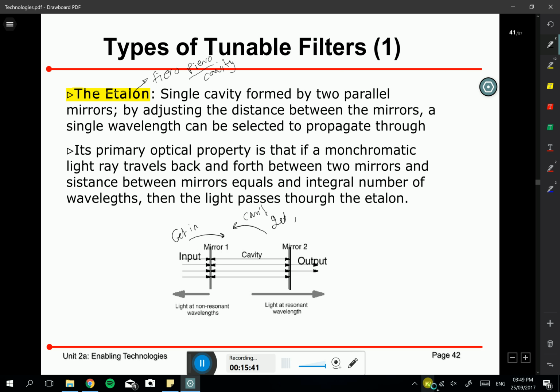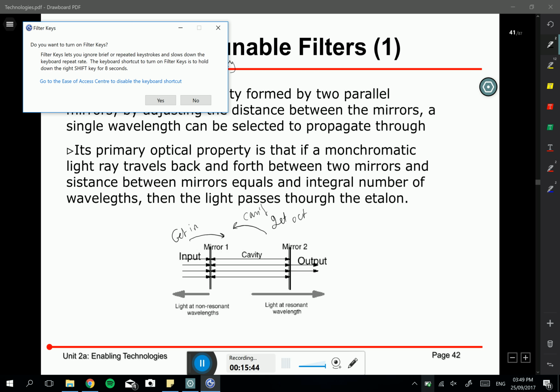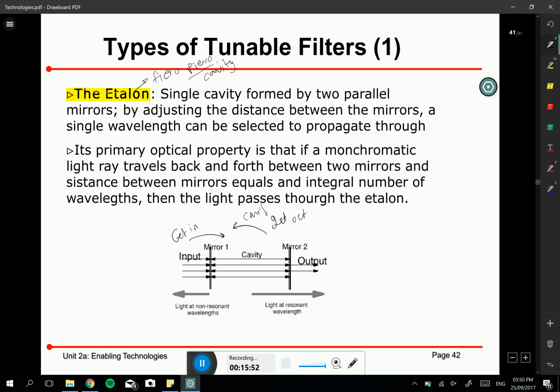If you decide appropriately the distance between the two mirrors, some of these wavelengths, when bouncing back and forth, will interfere with themselves destructively, so they will disappear. Some of the wavelengths will interfere constructively, so they will build enough power to get out from the other mirror. So this mirror has to allow part of the power to get out. This is the basic concept of the Fabry-Perot cavity that you might see also with Professor Martinelli.